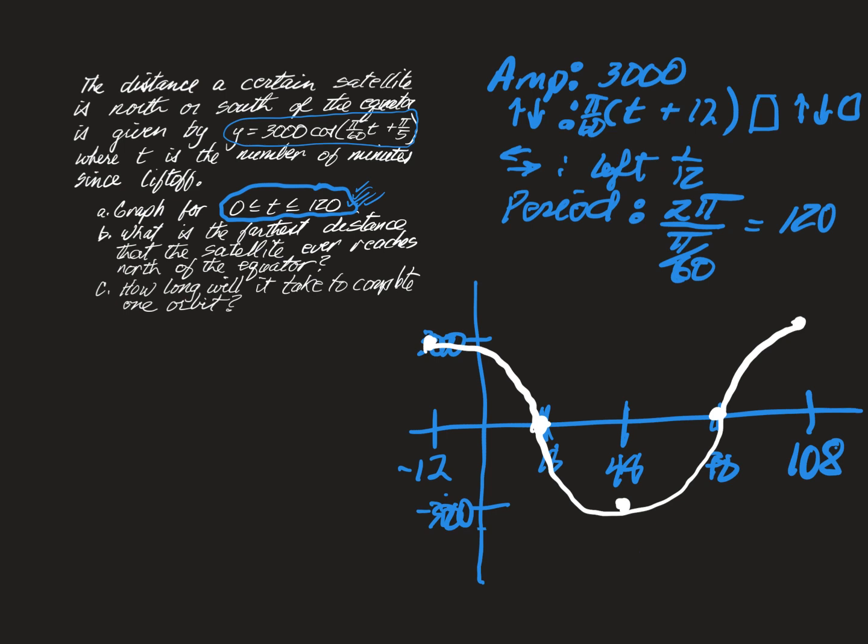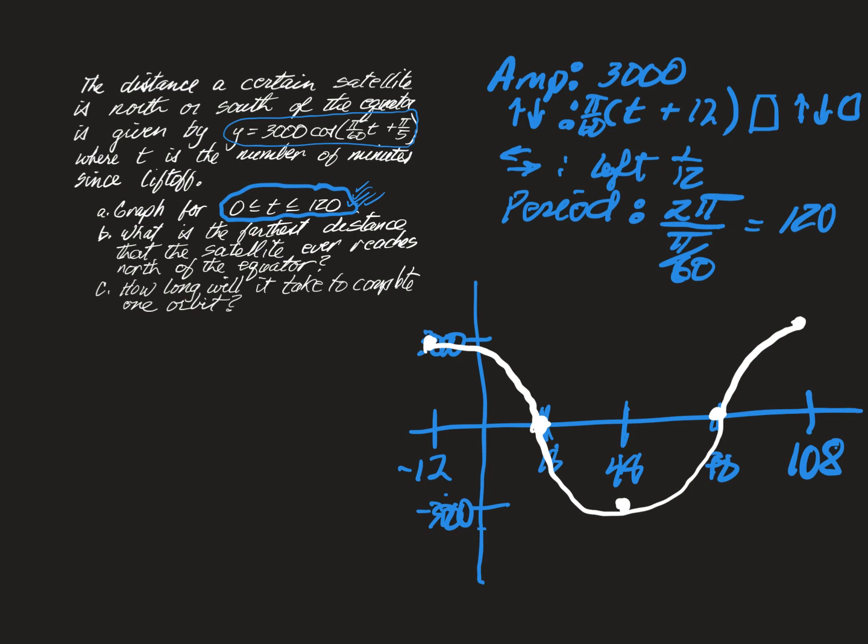Question B says, what is the farthest distance that the satellite ever reaches north of the equator? What is the farthest distance that the satellite reaches north of the equator? And so, furthest distance would be given by the amplitude, right?